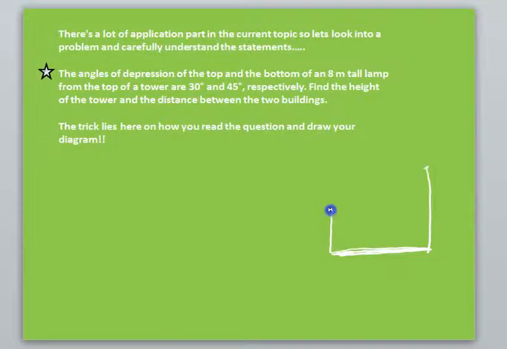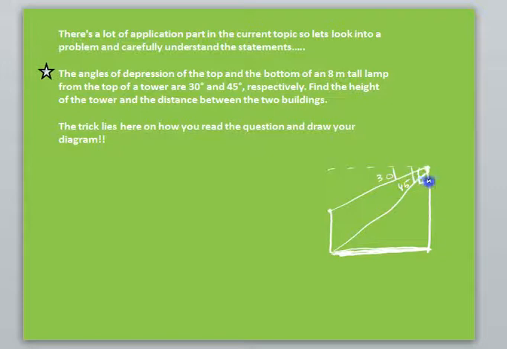So till the top, from here we have our first angle of depression. Since we are here, our line of sight becomes this. So my angle of depression D is 30 degrees till the top. Now to the base, I have 45 degrees.